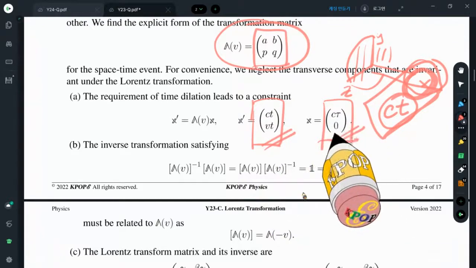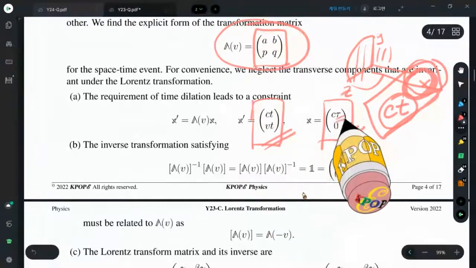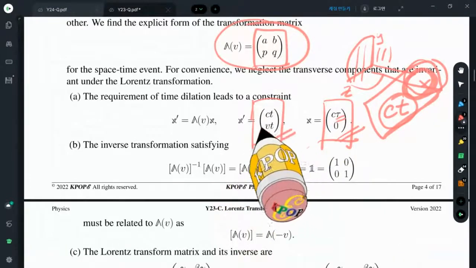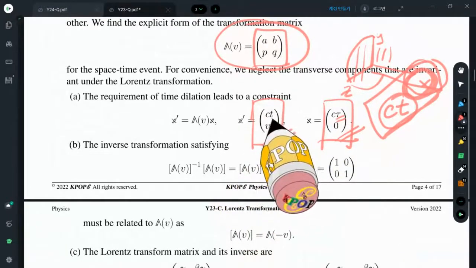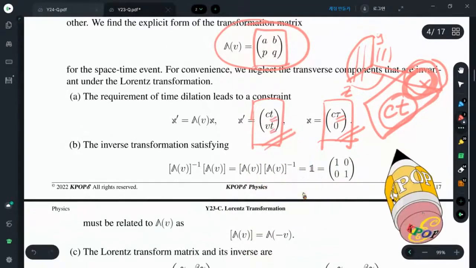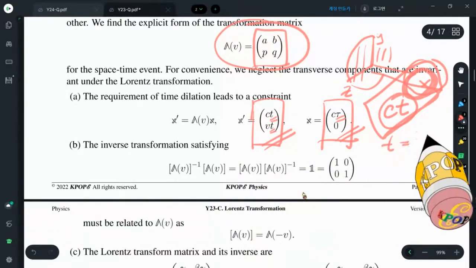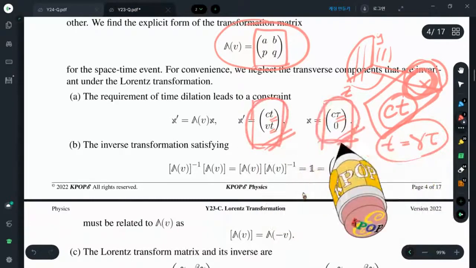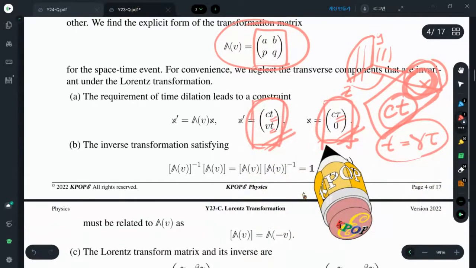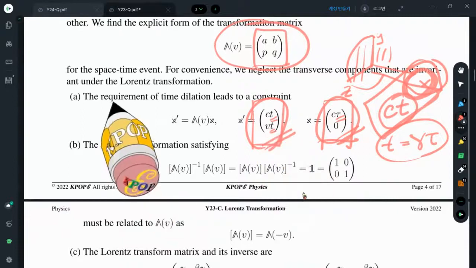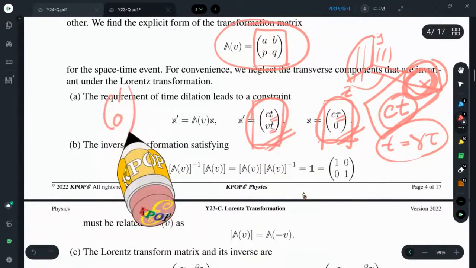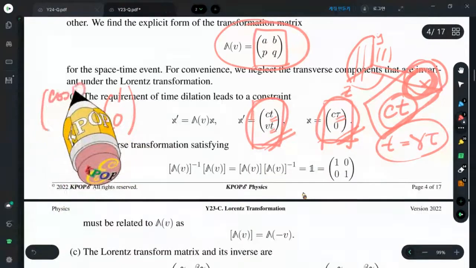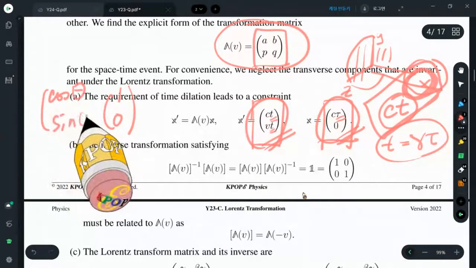If something is at rest, only proper time flows, and if something is moving, then the time that flows is not tau but gamma tau. This is a very strong constraint. We used the rotation of a unit vector to construct cosine theta and sine theta.